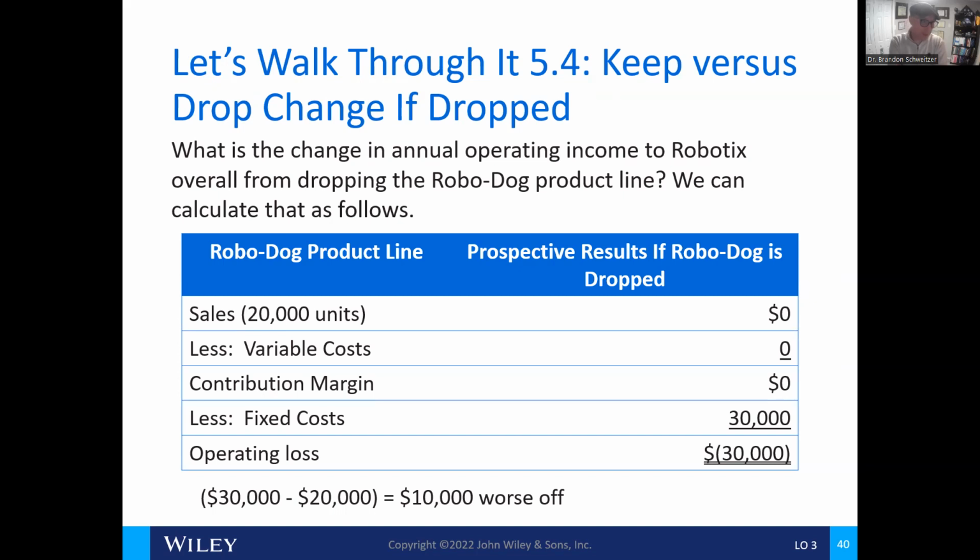The $30,000 represents the total fixed overhead that cannot be dropped because we dropped a product line. We still have to pay rent. We still have to pay our salaries, etc. That will leave us with an operating loss of $30,000, which is worse than the loss of 20.